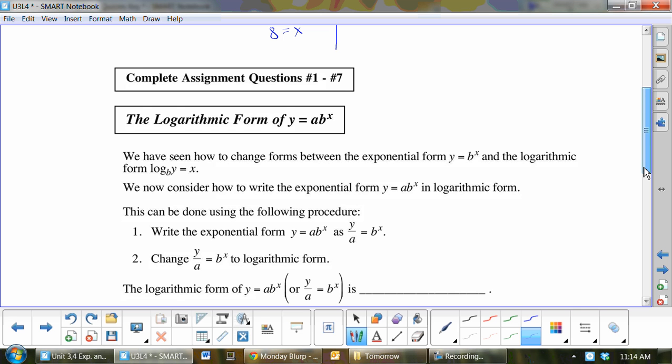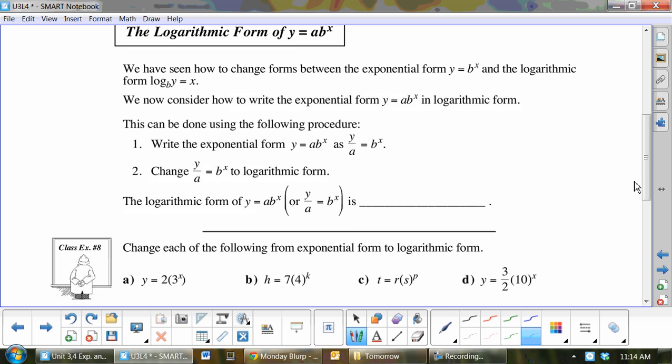Now, this right here is another thing that, of course, we should really know. y equals a b to the x, or y over a equals b to the x. What would that be in log form?